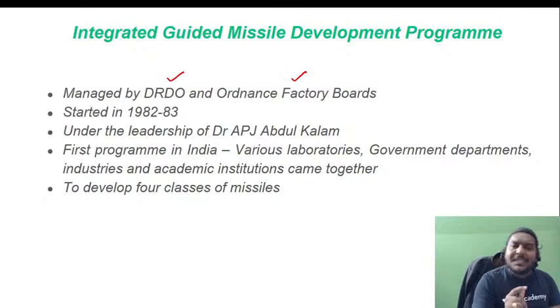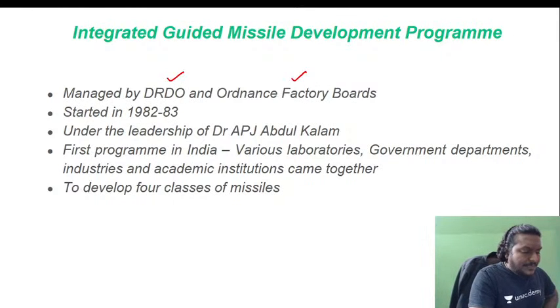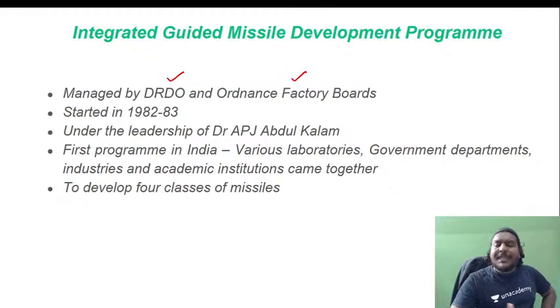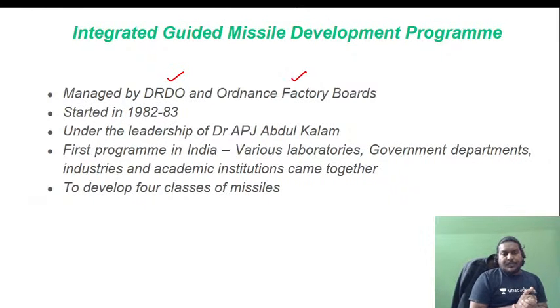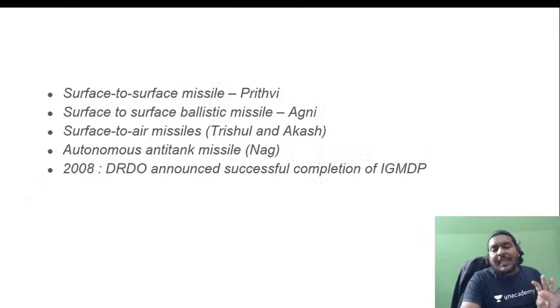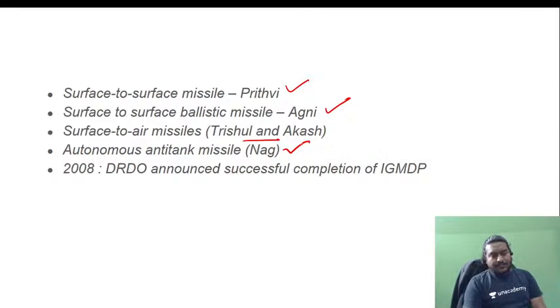So through the Integrated Guided Missile Development Program, many laboratories, many government departments, industries, academic institutions, all of these were brought together to develop 4 different kinds of missiles called Prithvi, Agni, Trishul and Akash and Nag.